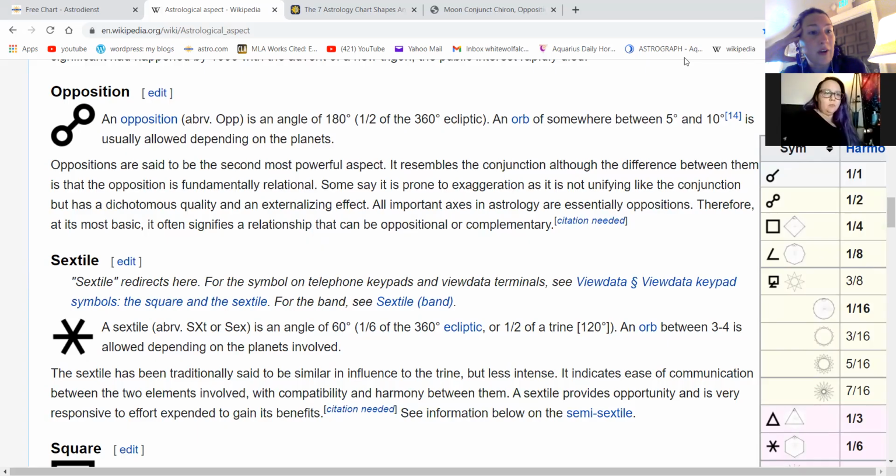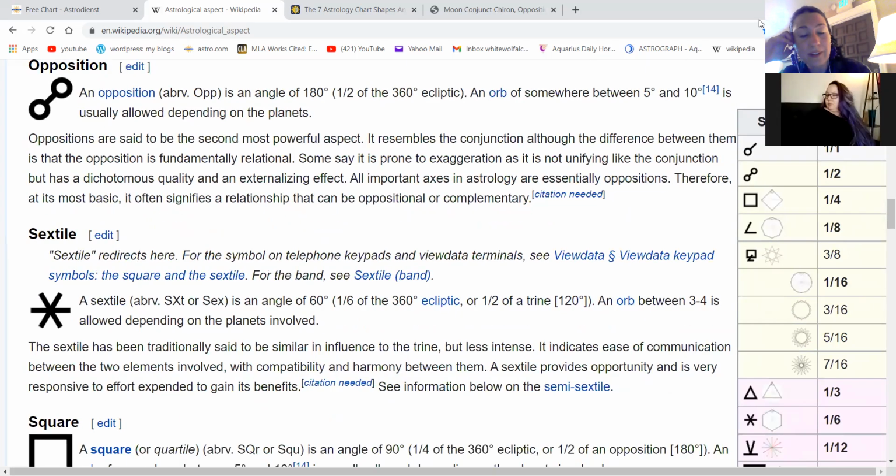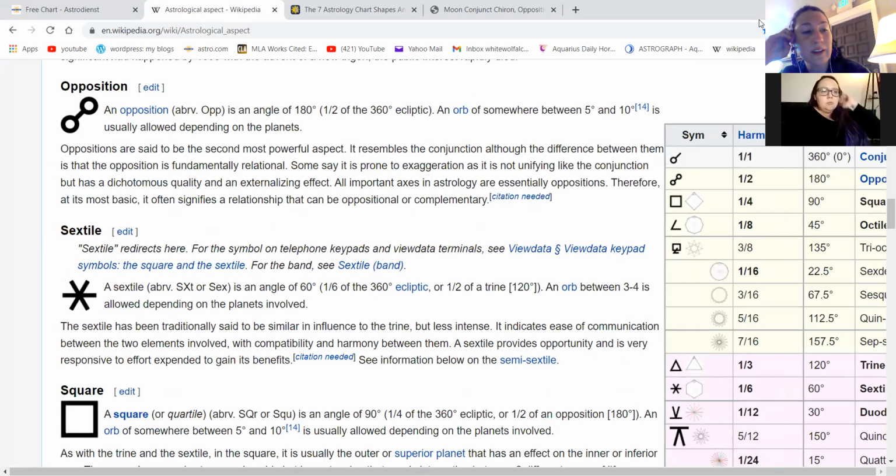Okay. So oppositions are said to be the second most powerful aspect. It resembles the conjunction, although the difference between them is that the opposition is fundamentally relational. Some say it is prone to exaggeration, and it is not unifying like the conjunction, but has a dichotomous quality and an externalizing effect.